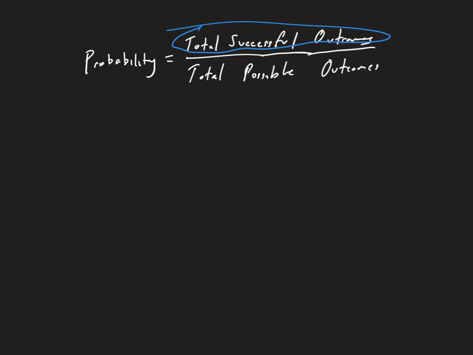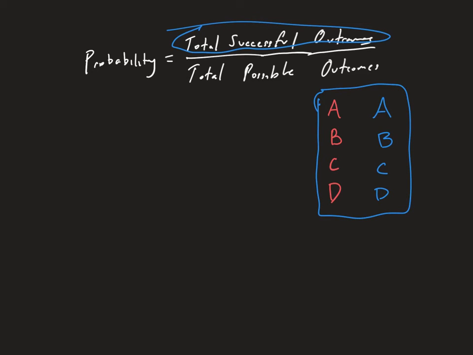So we're going to do one last problem in today's video, and the problem says that we have a deck of 4 red cards labeled A, B, C, and D. We also have a deck of 4 blue cards, again labeled A, B, C, and D. So total, we have 8 cards, 2 separate decks though.